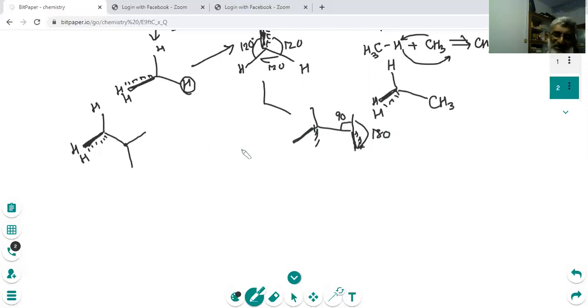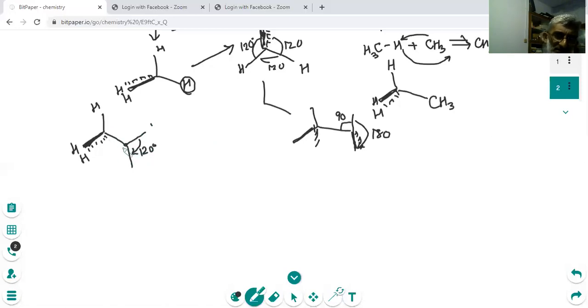What is important is whenever you draw a carbon, whenever you draw on a single plane, make sure they are at 120 to each other. That is all. Here is 120, here is 120, here is 120. That is all what you have to make sure.